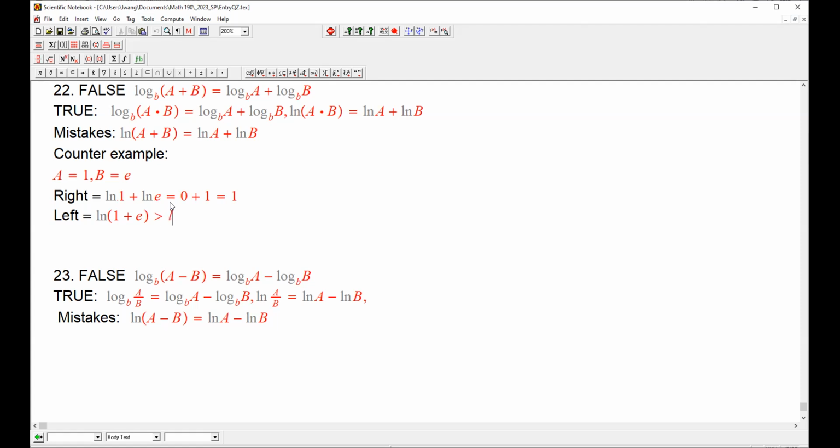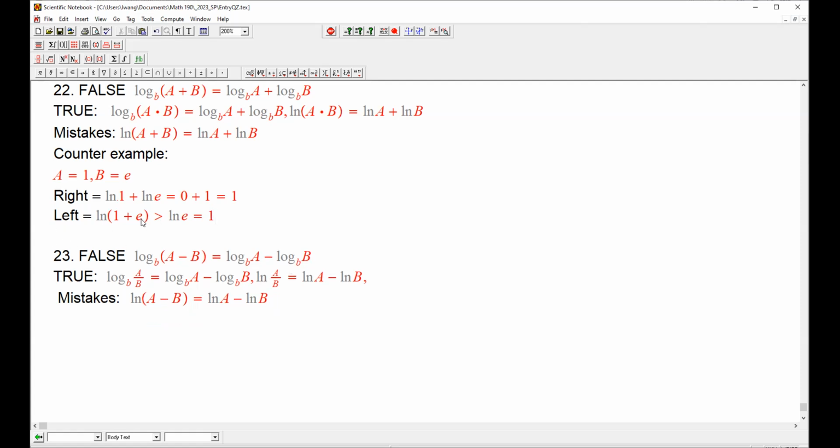Larger than ln e, which is 1, right? Because the natural log function is an increasing function. So when the input is larger, the output is larger. The respective outputs also have the same relationship. So this will be an easy counterexample.